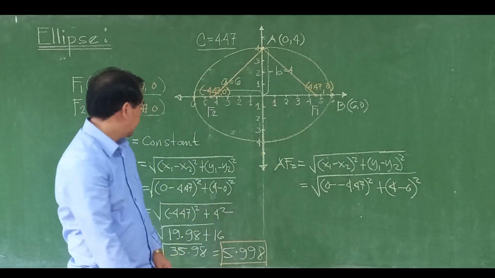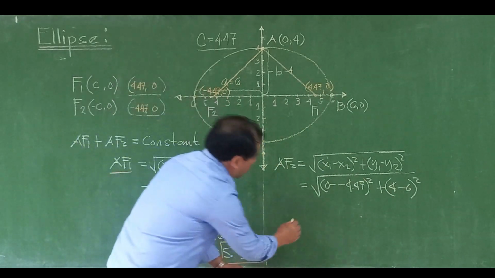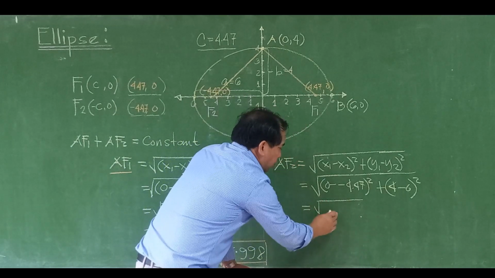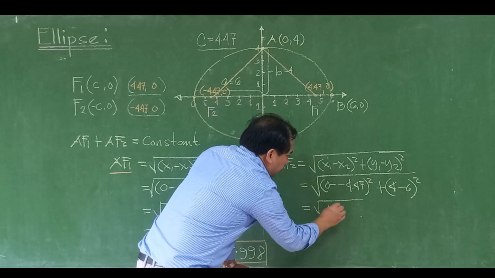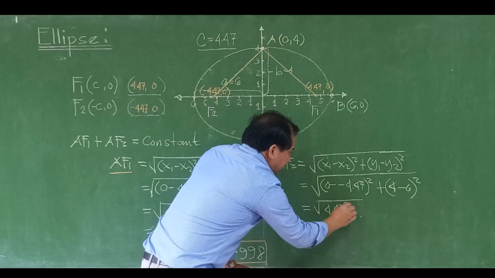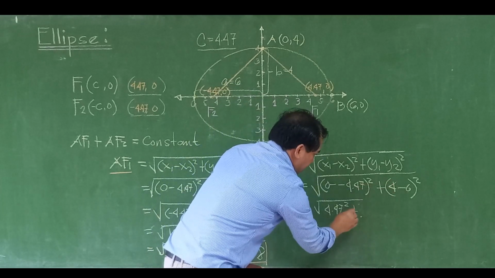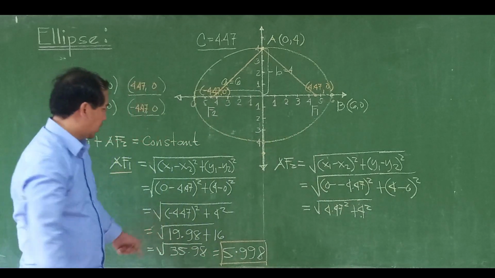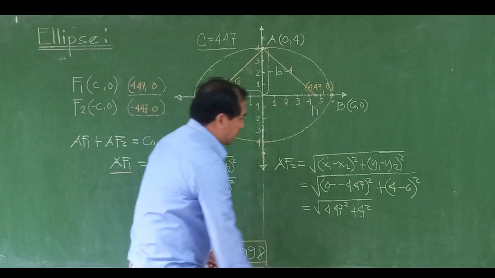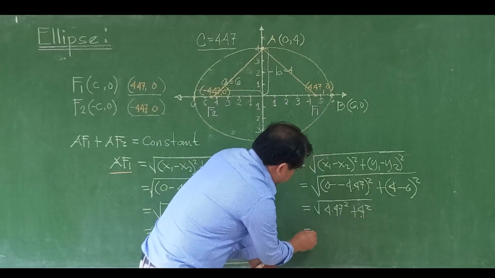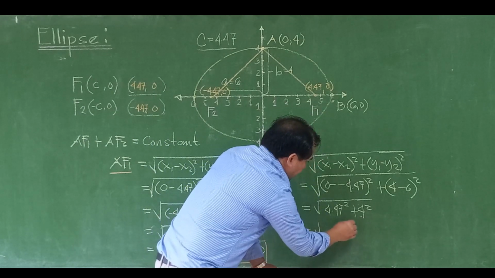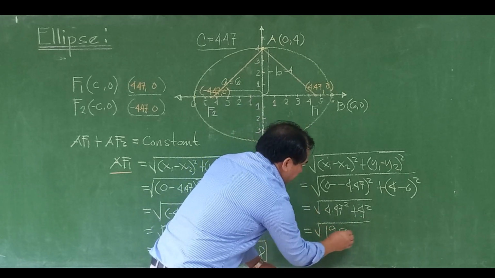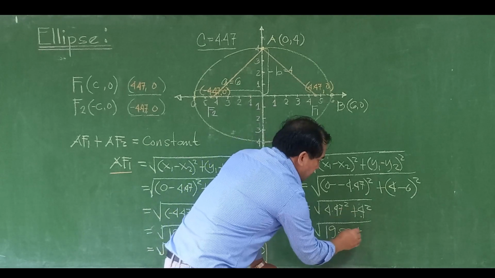Now, we have a result that is the same as the square root of positive 4.47 raised to the second power plus 4 raised to 2. Now, notice, they are about the same in here. Our result would be the square root of 19.98 plus 16.